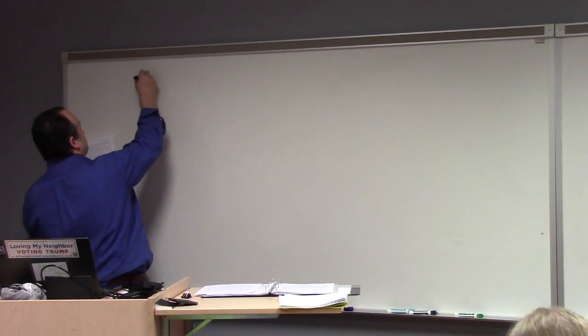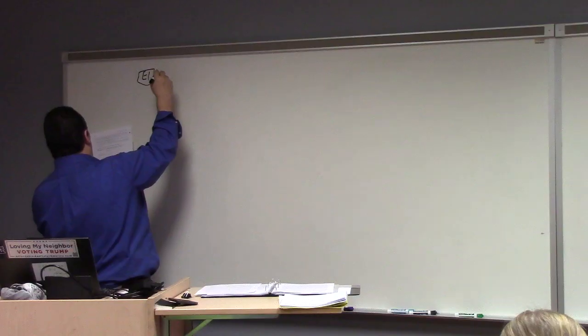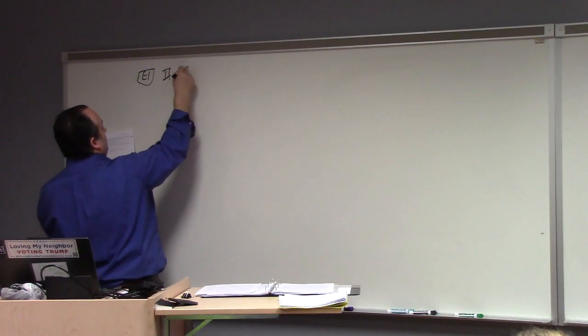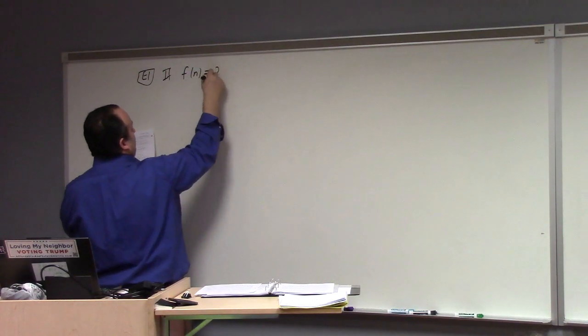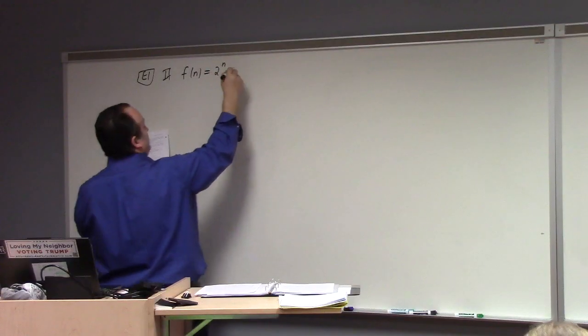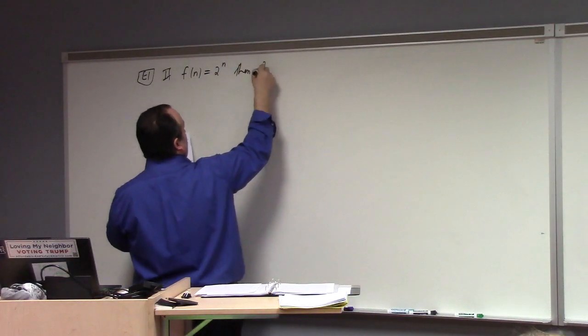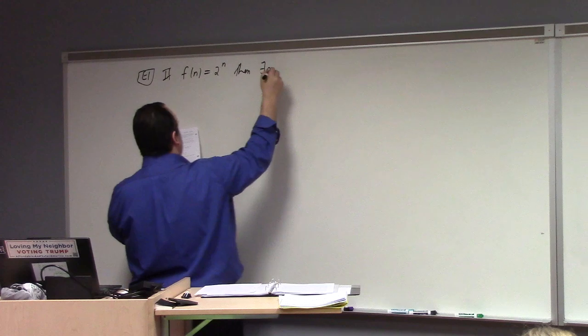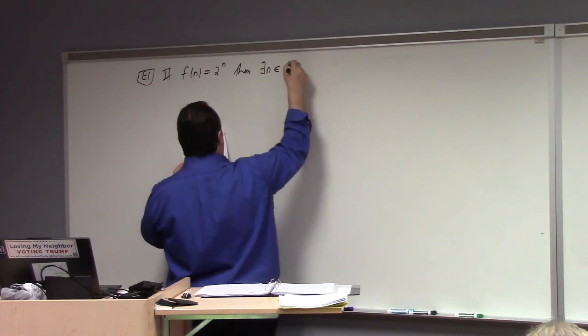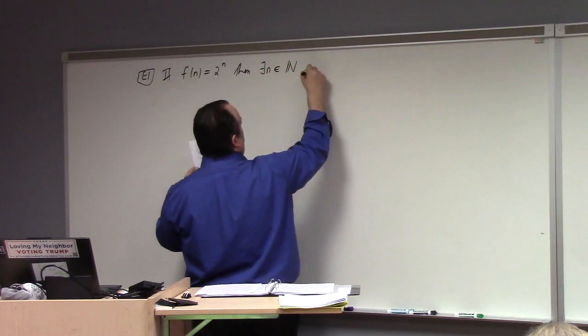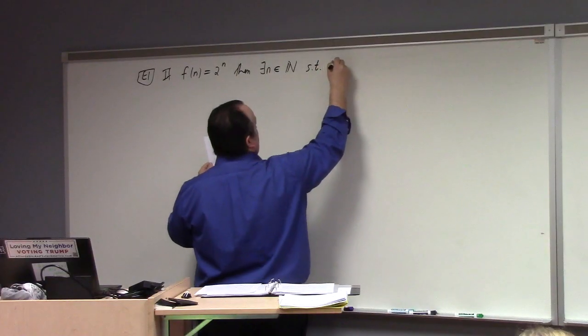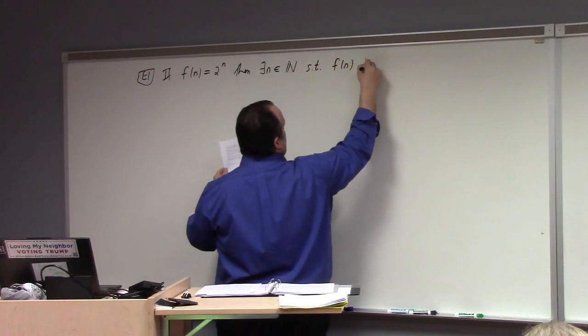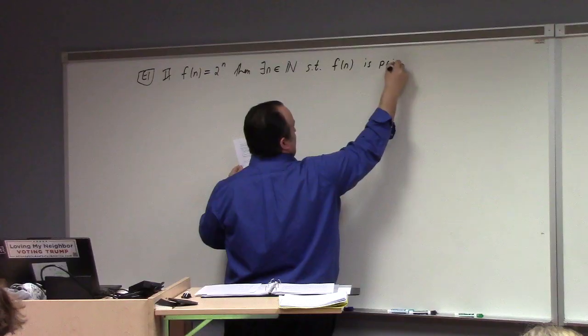Example 1, here's the claim: if f of n equals 2 to the n, then there exists n in the natural numbers such that f of n is prime. This is going to be a very short proof.